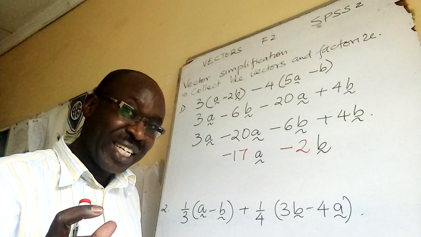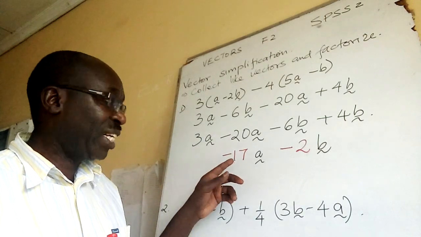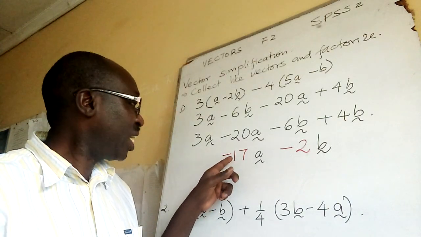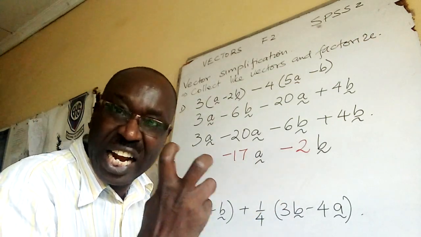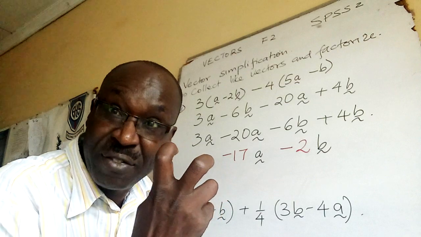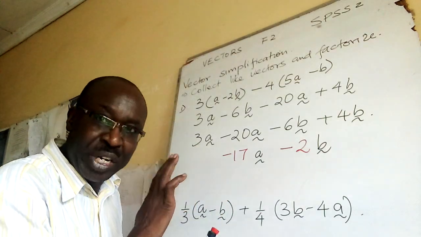Now, essentially, the sizes are in red. The real vector would have been written like this.